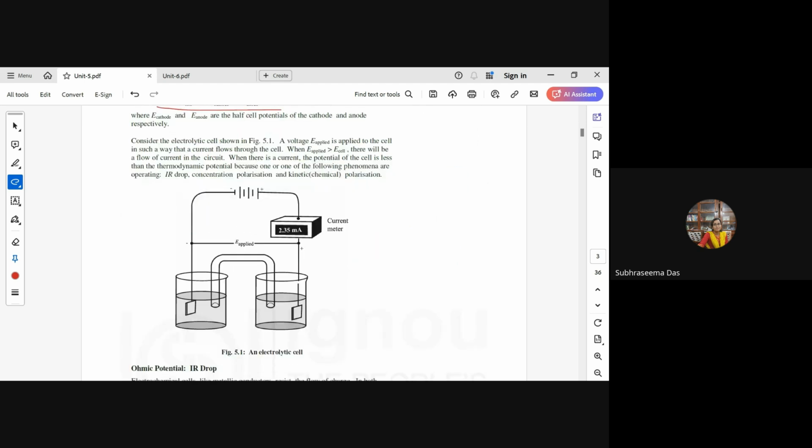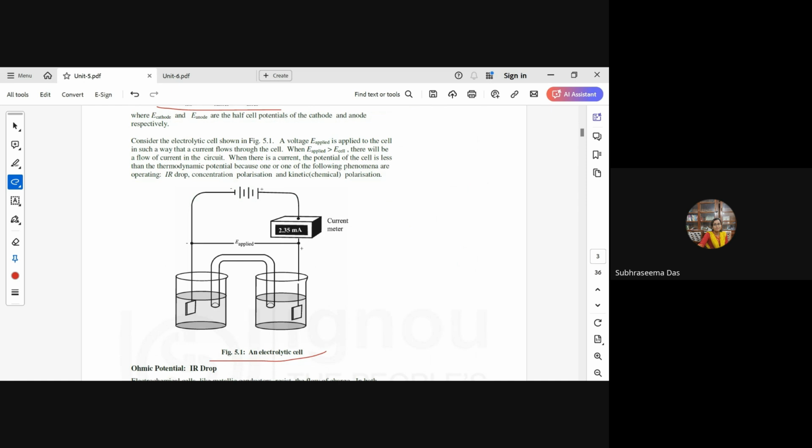Now, in figure 5.1, the general representation of an electrolytic cell is given. Here a voltage is applied to the cell such that the current flows through it. Generally speaking, the E applied to the cell must be greater than the EMF of the cell. Only then there will be a flow of current in the circuit.